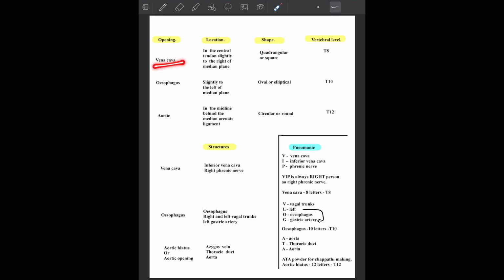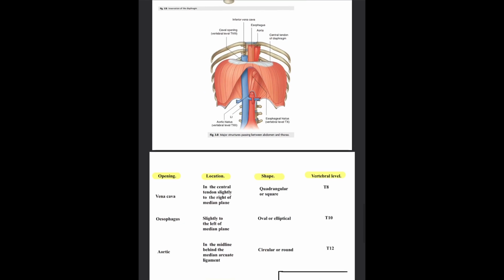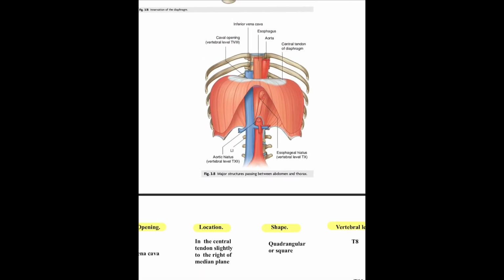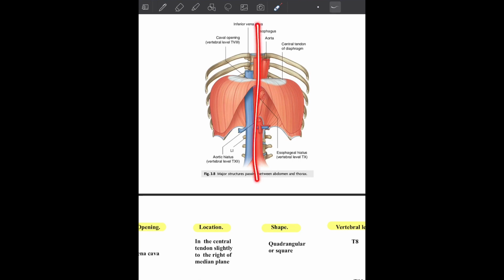It is located in the central tendon, slightly to the right of the median plane. So this one. This is the median plane. It is located in the central tendon, the depressed area, the white colored central tendon.